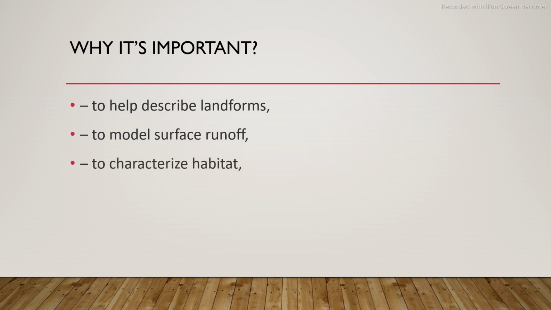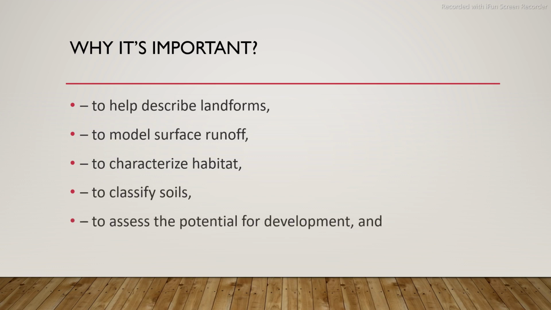You can easily characterize the different types of habitat using this slope. You can easily classify the different types of soils using this slope map, assess the potential for development, as well as model wildfire risks. So here I include some applications of the slope.